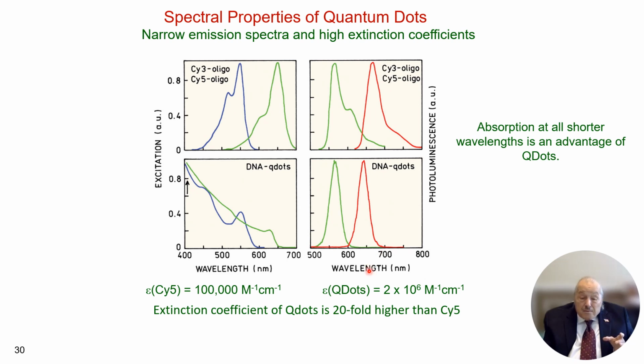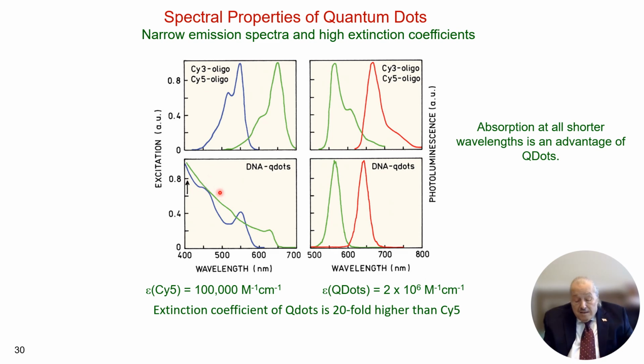The other remarkable thing is they have high extinction coefficients. They're about 20-fold higher than any extinction you can get from a normal organic dye. And in contrast to the cyanine dyes, which don't absorb any light in the mid-range, they absorb light at all wavelengths. So they're not sensitive to the excitation wavelength.